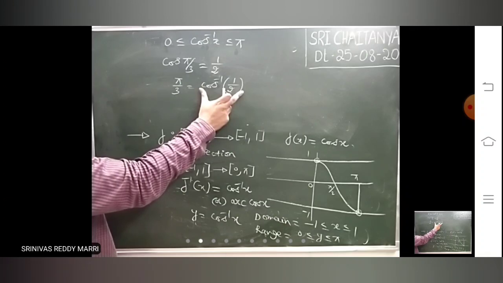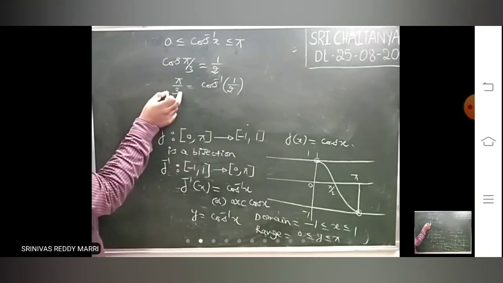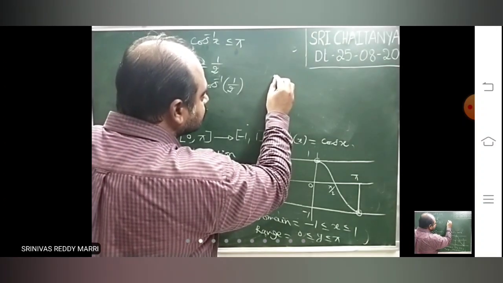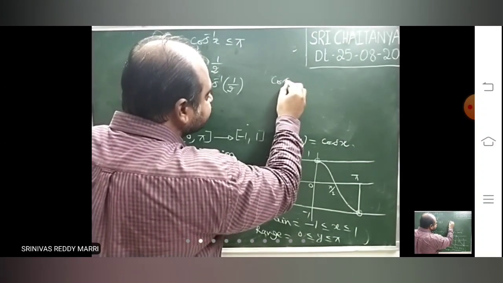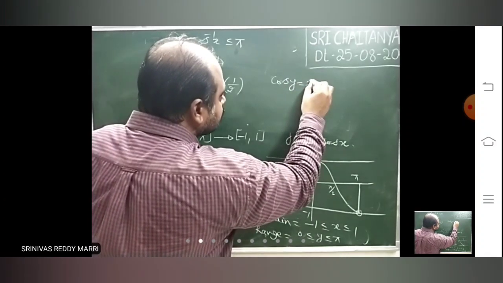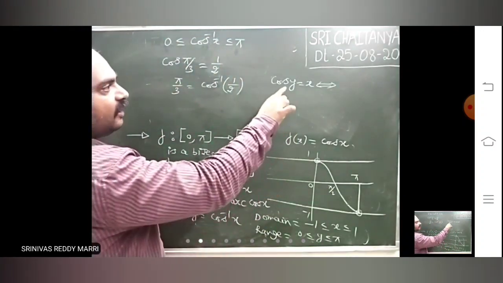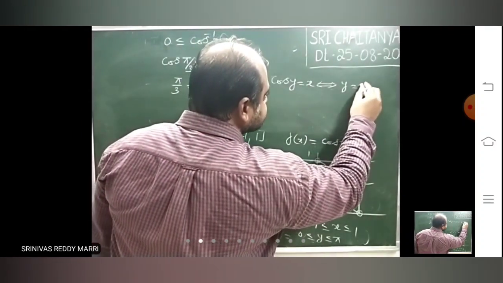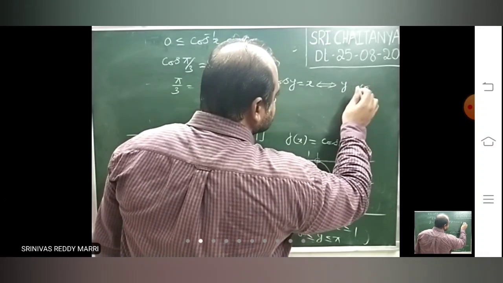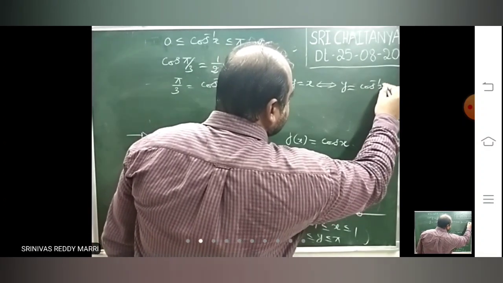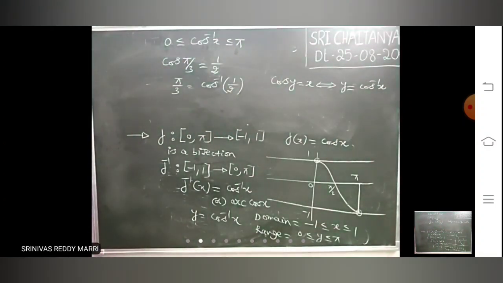Look at cos inverse x. The range is 0 to pi. This value is lying between 0 to pi. That means we can say that cos y equal to x if and only if y equal to cos inverse x.